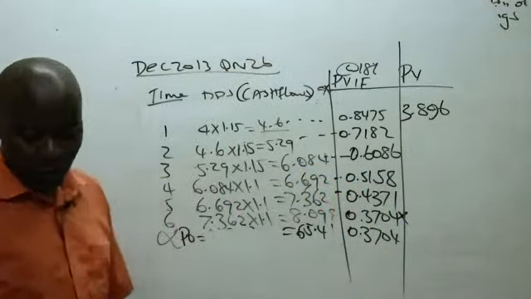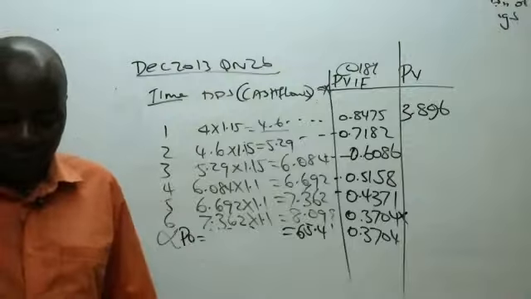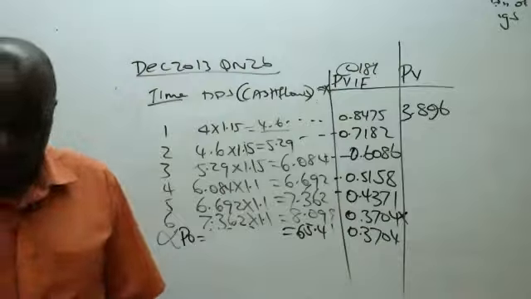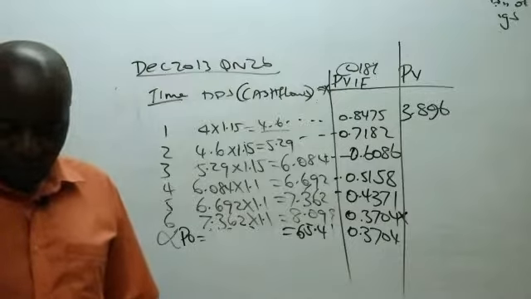How about the second present value? Nobody has given me the second present value. What figures do we have there?